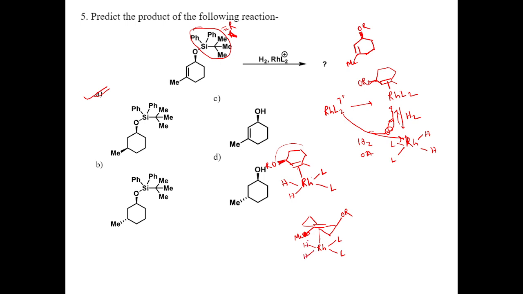So whenever it attacks in this way, first it will attack in this way, and then what is happening? Methyl is going upward. So this and this will be in the same direction. I mean, if it is up, then you will get this product. Okay.